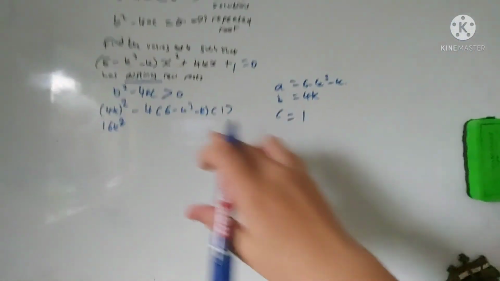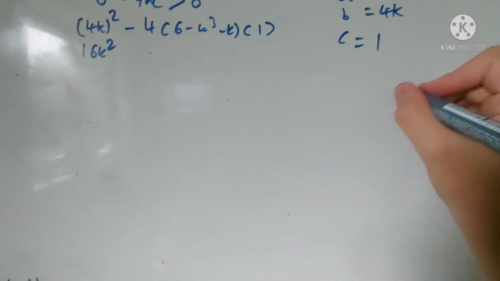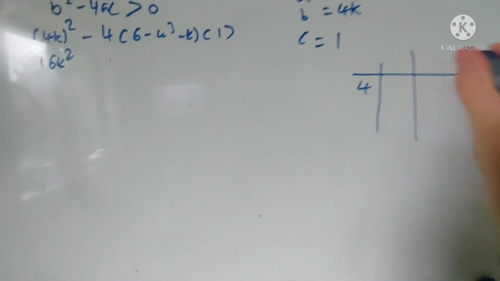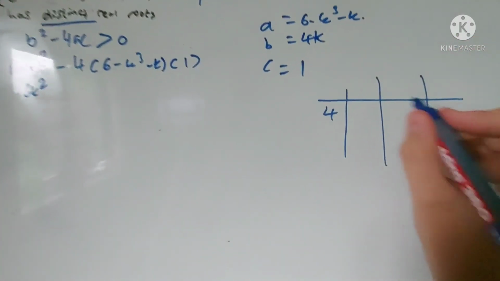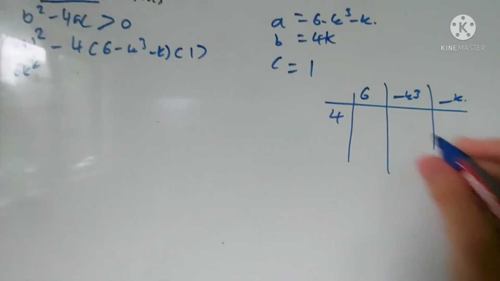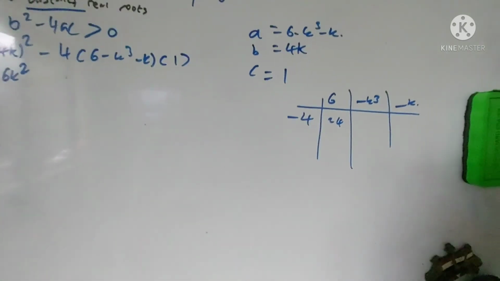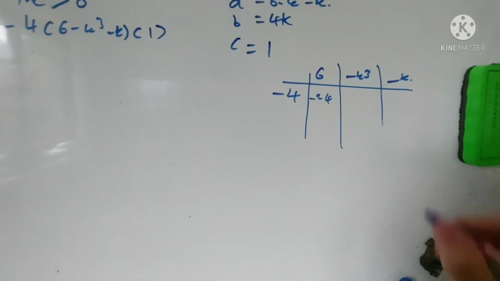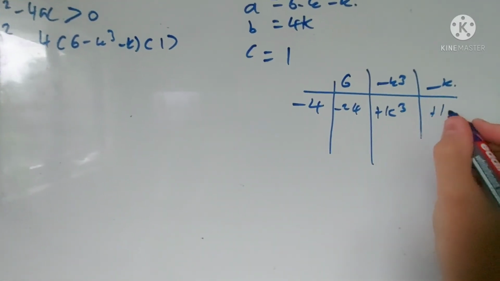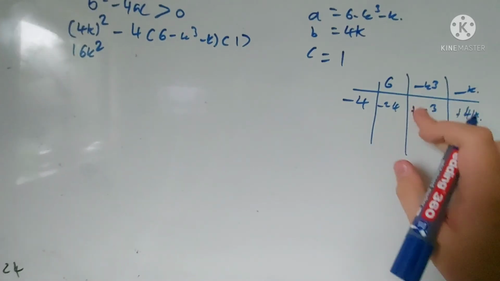Expanding that, make sure I square the 4 as well as the k, so I get 16k squared. Now if you're not comfortable with multiplying out a single bracket, I usually split this into a table and do 6 minus k cubed, just so you don't get mixed up with the negatives. Don't forget it's a minus 4 as well, so it's minus 24, plus 4k cubed, plus 4k.